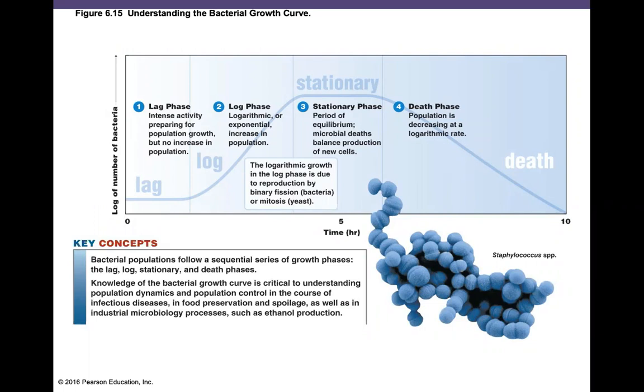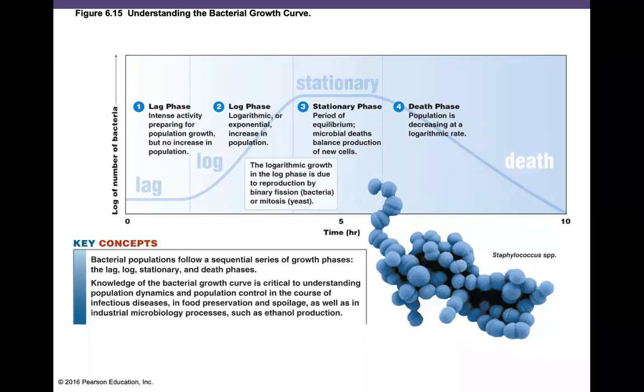The first phase is lag phase. During lag phase, this is when the cell is introduced to a nutrient-rich environment. Because growth is a metabolic process and will occur when there's plenty of nutrients around, when the cell senses that there's plenty of nutrients, it will actually turn on metabolic pathways to initiate growth.